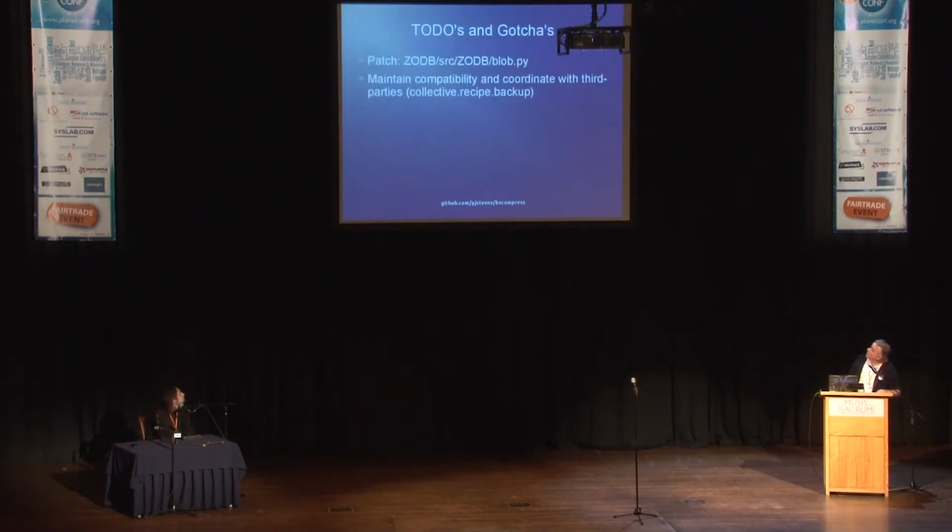So what needs to be done to make this into production, if ever, if possible? We need to patch ZODB, of course. There's just a couple of methods there that need to be fixed. And of course, we also have to watch out for external scripts that use similar tactics, as I learned. Okay, thank you.